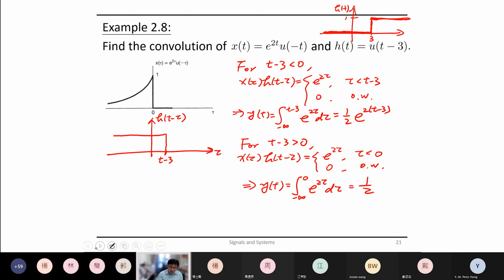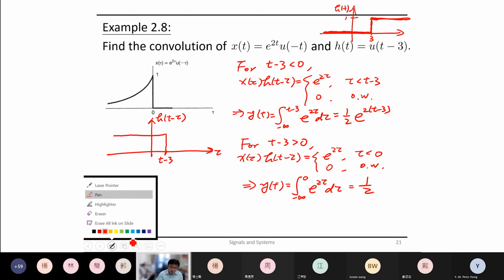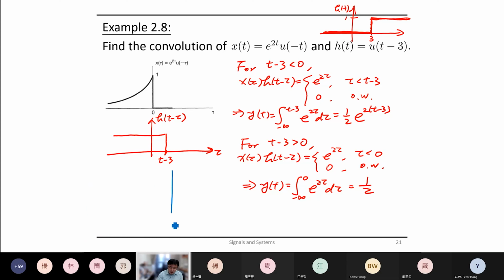Okay. So if you want to plot this out, eventually you get a y of t that increases exponentially up to time t -3 equal to 0, or let's say t equal to 3, after which it becomes 1/2.